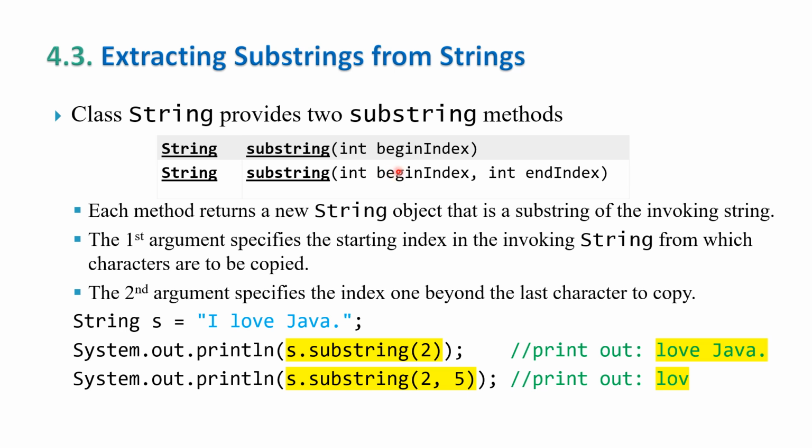The first argument in each method specifies the starting index in the invoking string from which the characters are to be copied. The second argument in the two-argument version specifies the index one beyond the last character to copy.